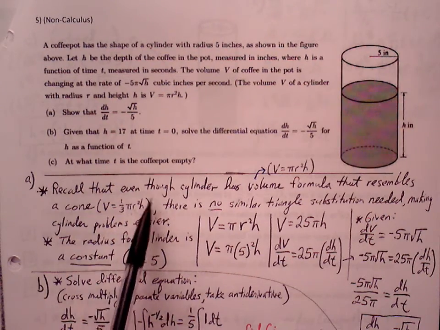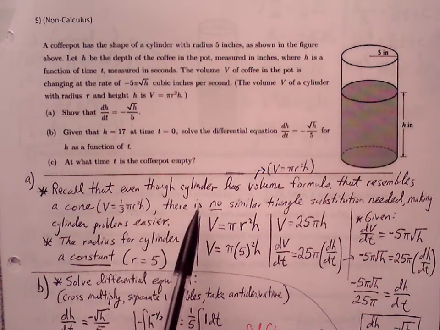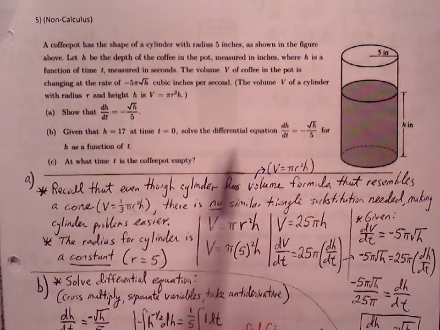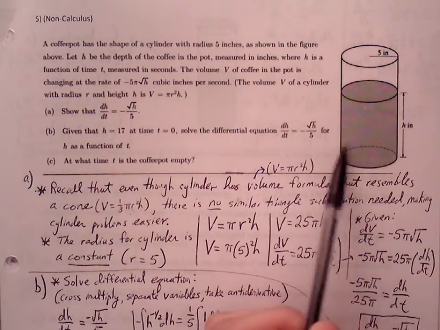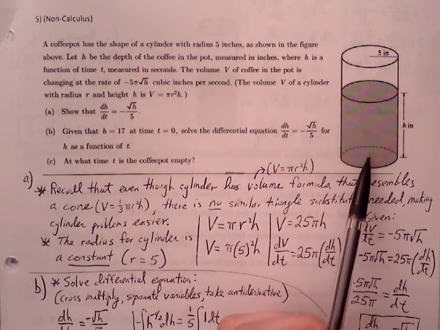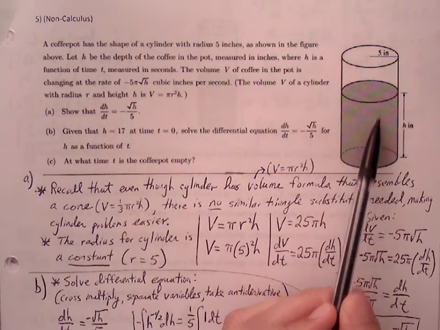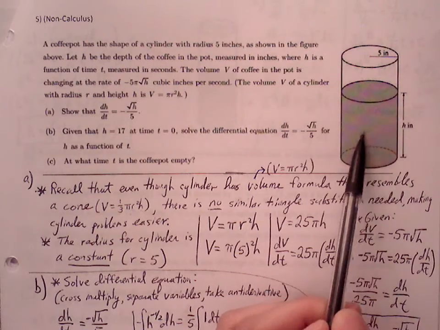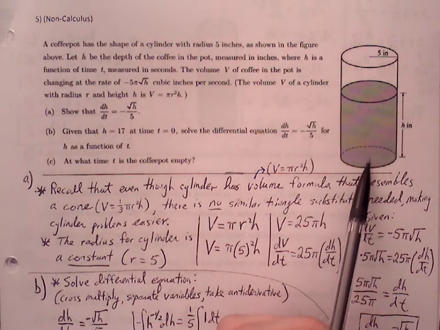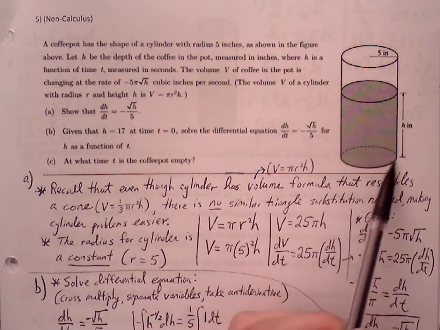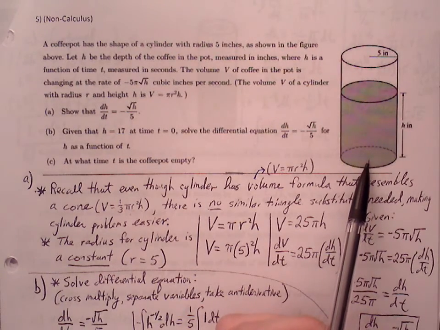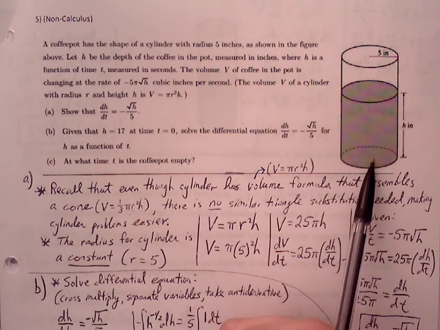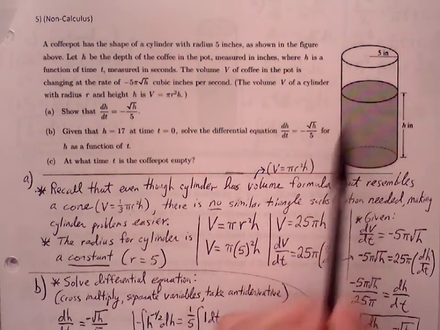But with cylinders, things get a little easier. As the water is falling or rising, the h is changing over time, but not the radius. The radius of the water stays a constant 5 inches, whether it's near empty or near full.